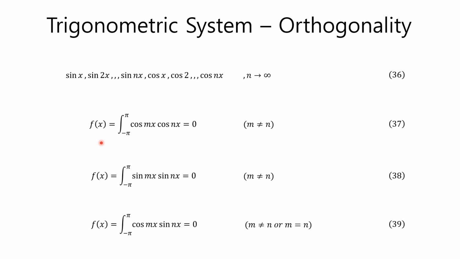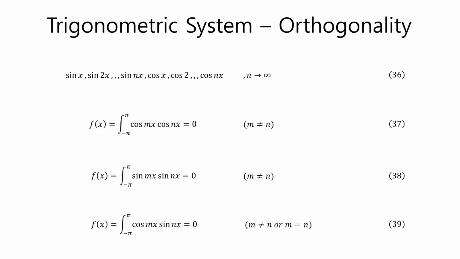The orthogonality of trigonometric functions, as shown in equation 37, equation 38, and equation 39, means that if the result of multiplying any two elements in equation 36 is integrated over one period, all of them are 0. This can be easily proven using the formula for converting the products of trigonometric functions into sums.